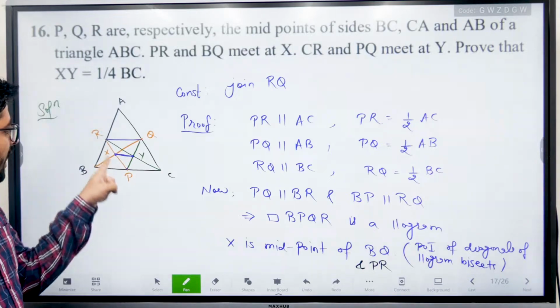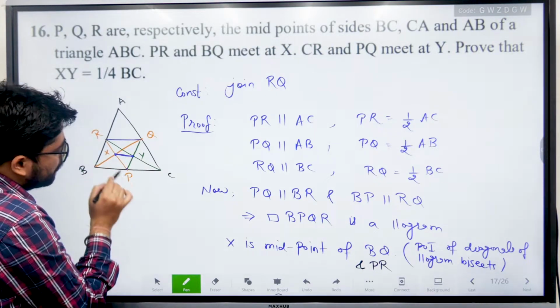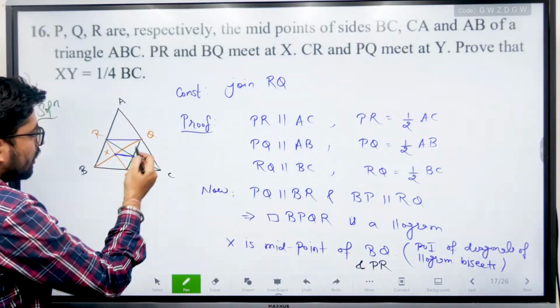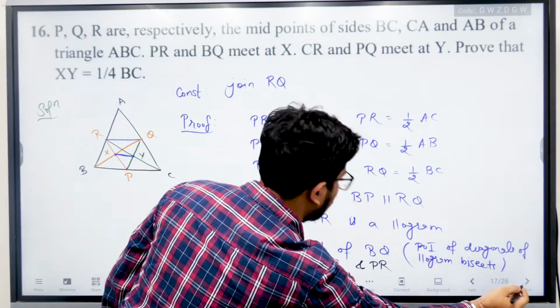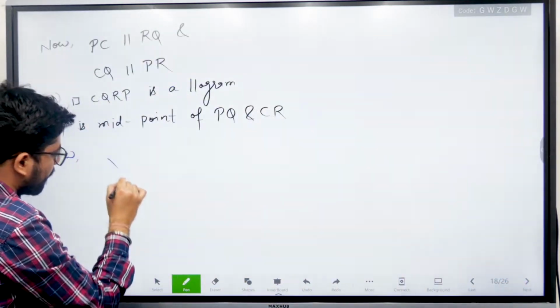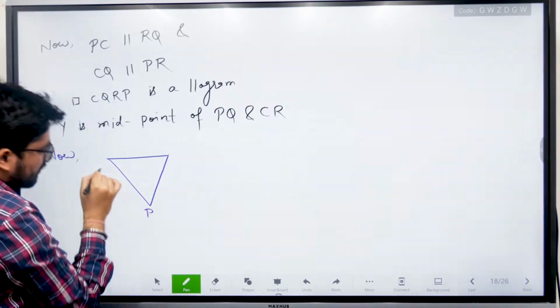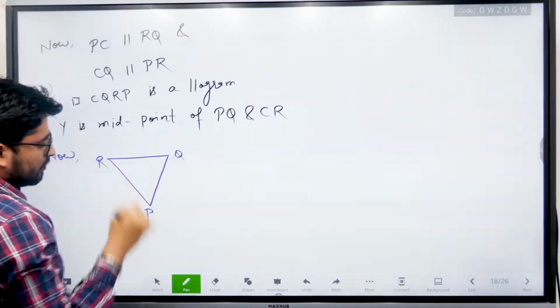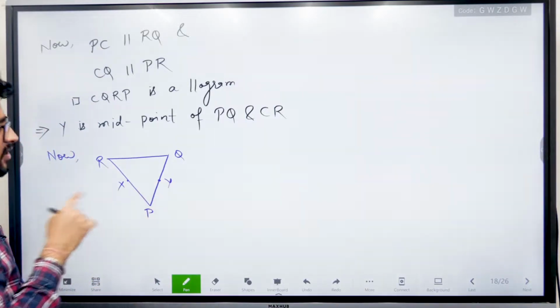Okay, now in this triangle RPQ, X is the midpoint of RP. Yes, Y is the midpoint of PQ. So let's draw your triangle here. This is P, this is R, this is Q. Here you have X, here you have Y, and these are the midpoints.